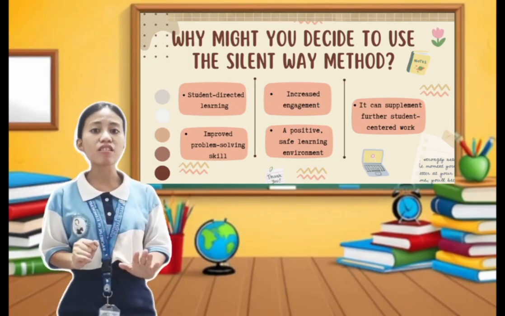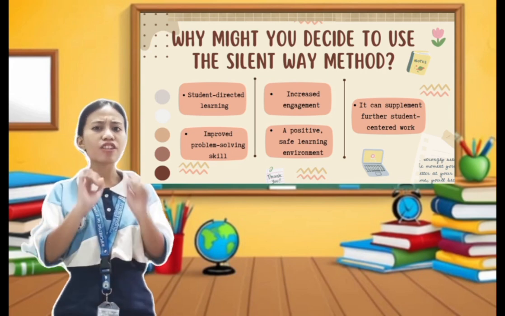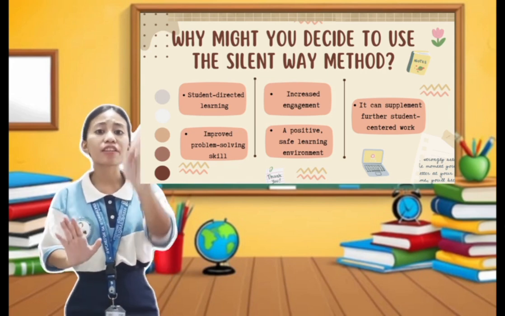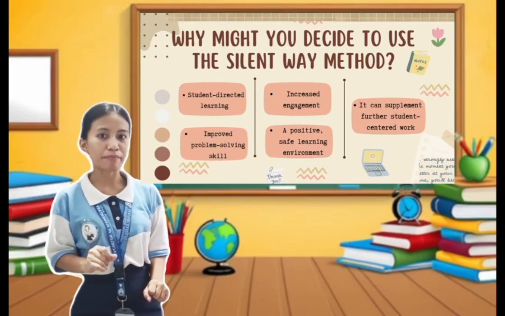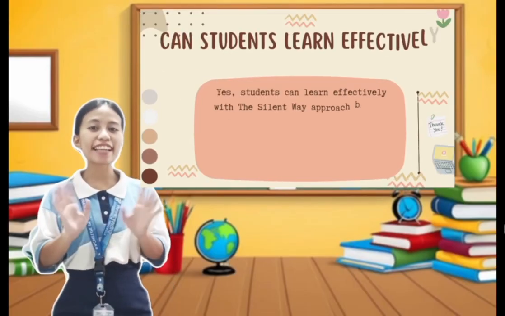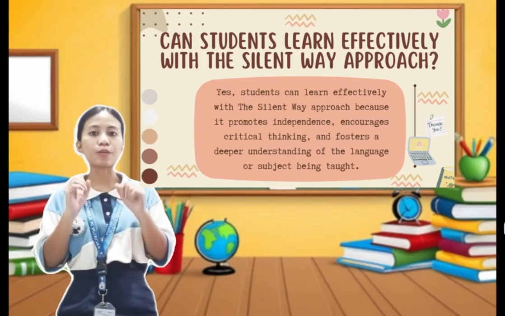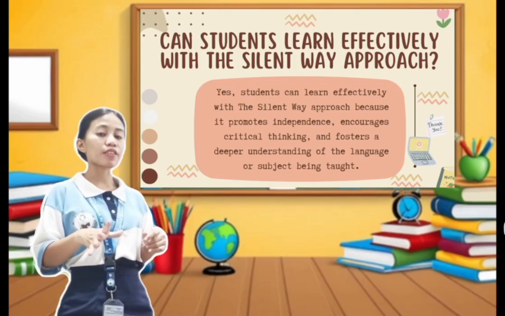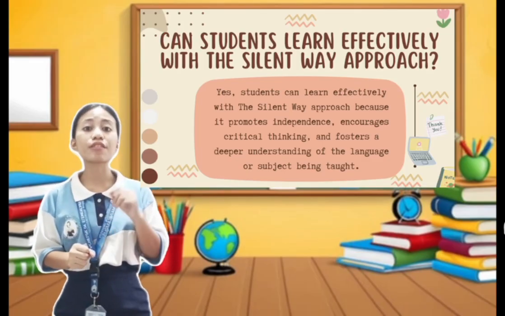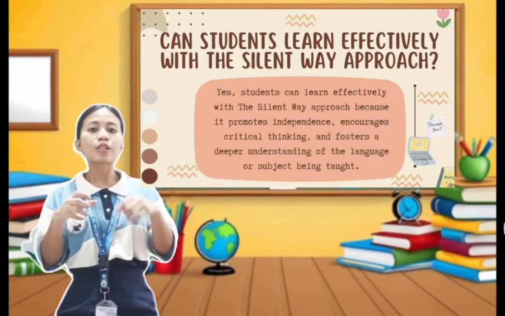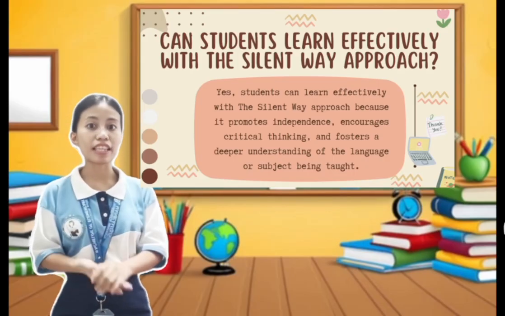This means students have more opportunities to express themselves and share their ideas, making the learning more personal and relevant to them. So the silent way method shifts the focus from the teacher to the students, allowing them to take control of their learning journey. By using tools like Cuisenaire rods and charts, students explore concepts through hands-on activities.